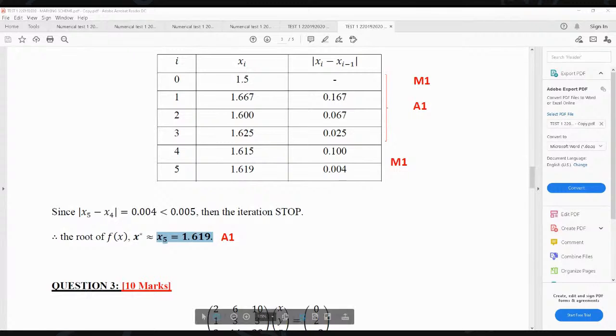Now I want to share here the same thing, how to generate the table for the fixed point iterative method. You generate it with a simple iteration, and next, how to stop, or how to terminate the iteration.